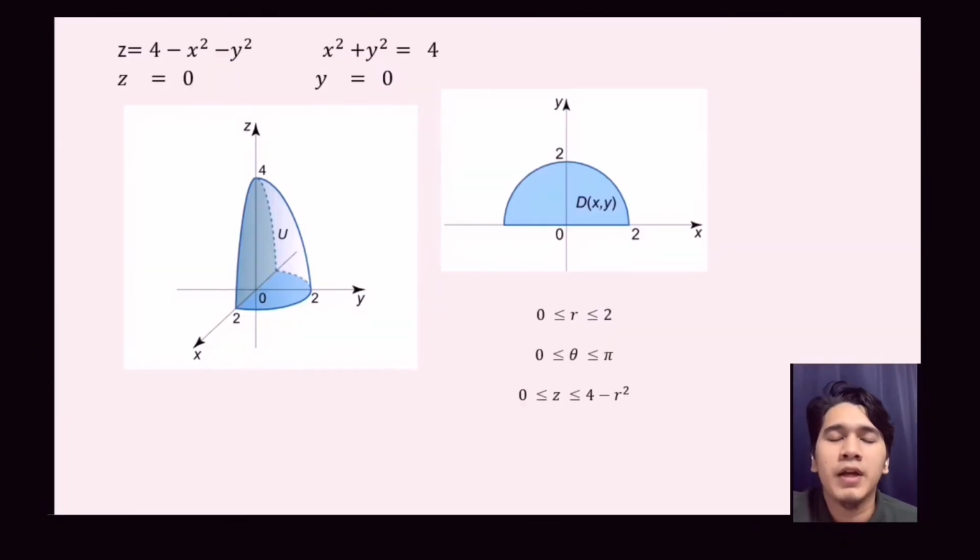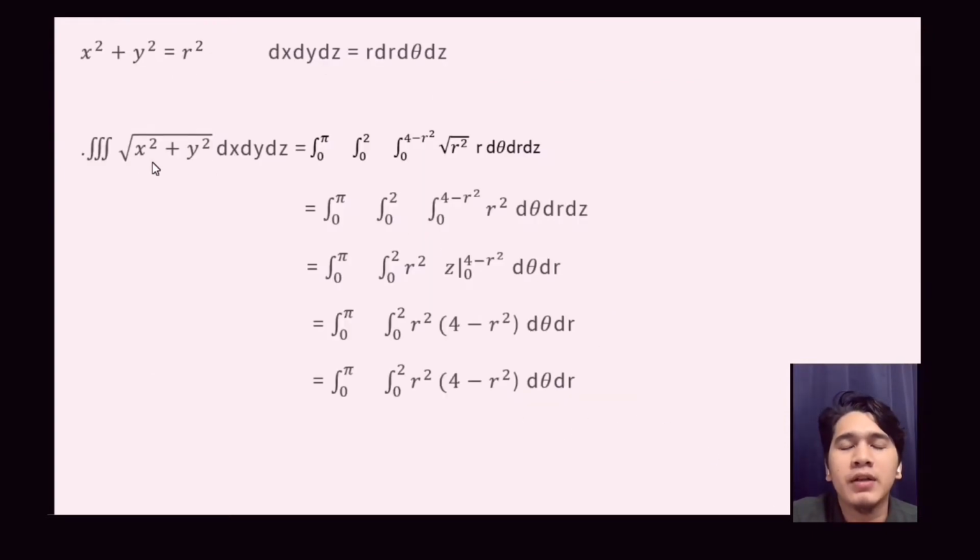From the graph that we have plotted just now, we get the range of r, theta, and z. The range of r is 0 to 2, the range of theta is 0 to pi, and the range of z is 0 to 4 minus r square. Then we change the rectangular coordinates to cylindrical coordinates, that is x square plus y square is equal to r square, and dx dy dz is equal to r dr d theta dz.